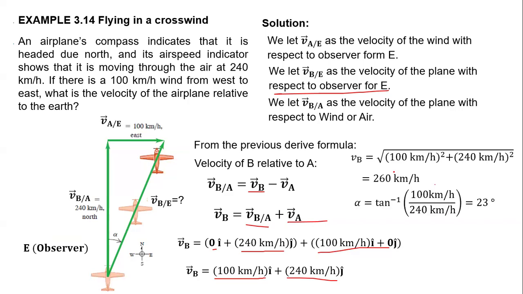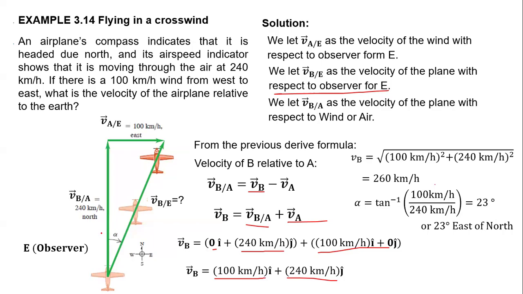In the direction, if you want to find this alpha, it is about 23 degrees north of east. So what does it mean? It means that if you are inside the plane, it may look like you are just traveling 240 kilometers per hour due north, straight north.